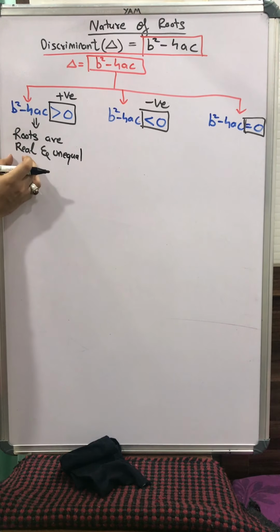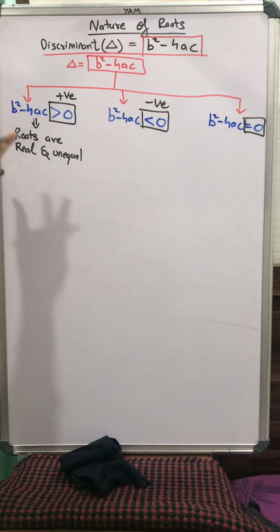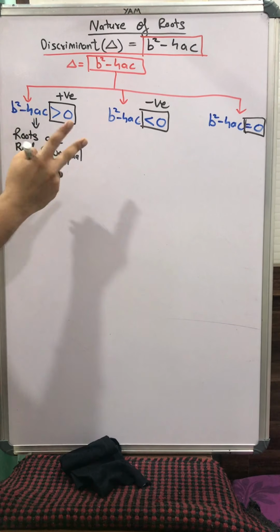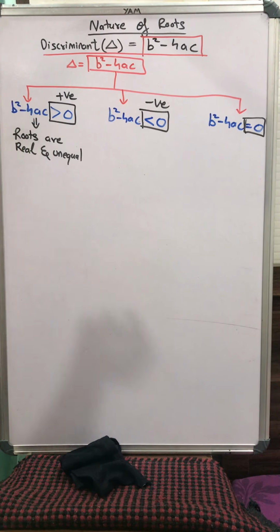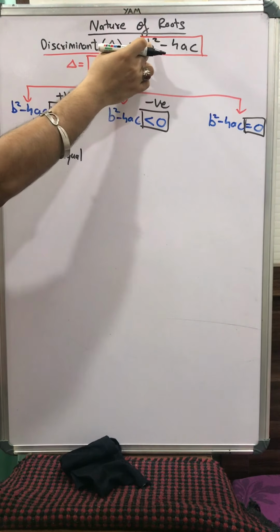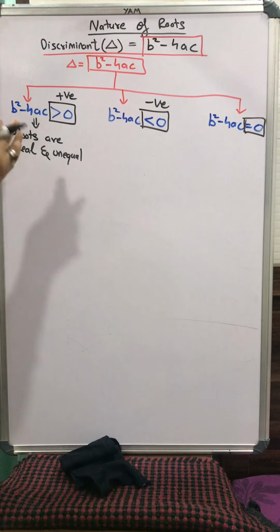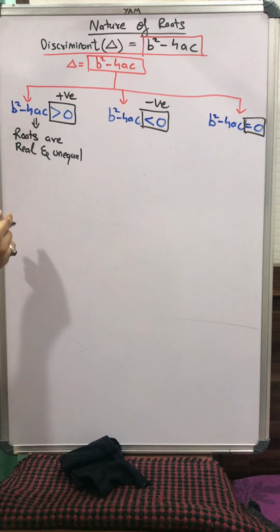Roots are real, meaning they are real numbers, and unequal. Whatever two roots you get, of course you will get a maximum of two roots because a quadratic equation has highest degree 2, so a maximum of two roots is possible. Both the roots will be unequal, they will not be the same, and they will be real numbers. This is the hard and fast rule we are giving you. So based upon the value of the discriminant only, we can decide the nature of the roots, that the roots will be real and unequal.